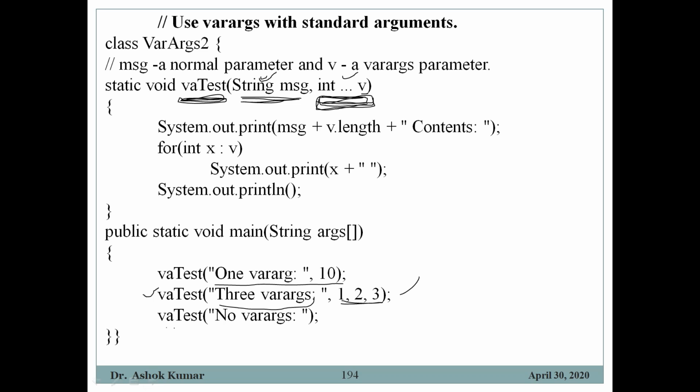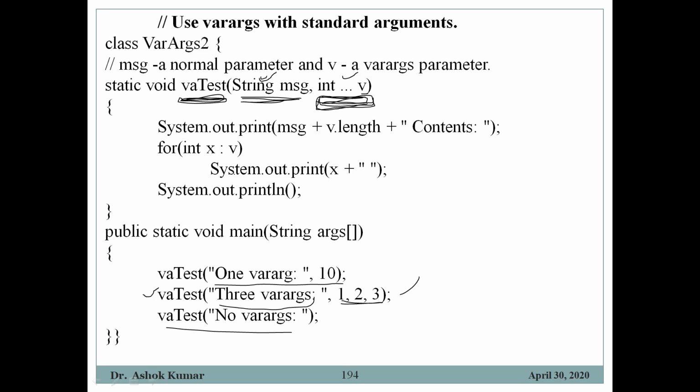And in the third case, we are passing just one value, so that value will be copied into msg, and there is no value for the second parameter, so v will get nothing, a zero-length array. Then the body of the method will print msg, no vararg, length is 0, contents, and you will get nothing.